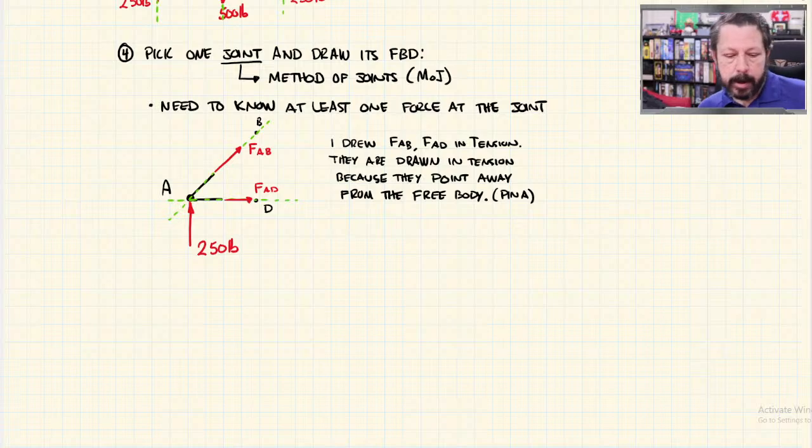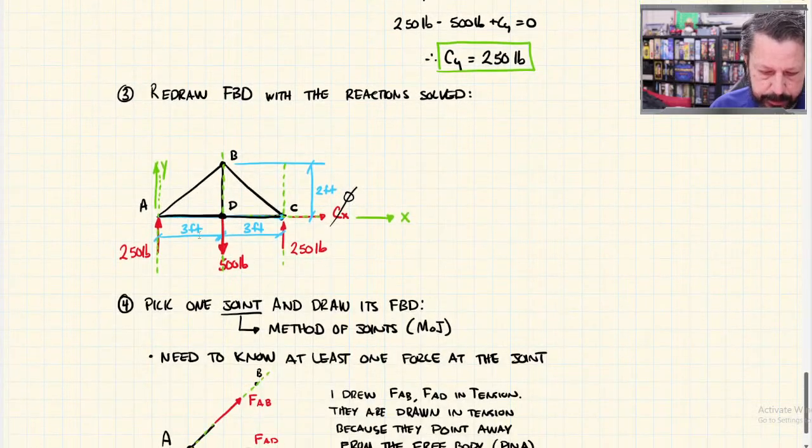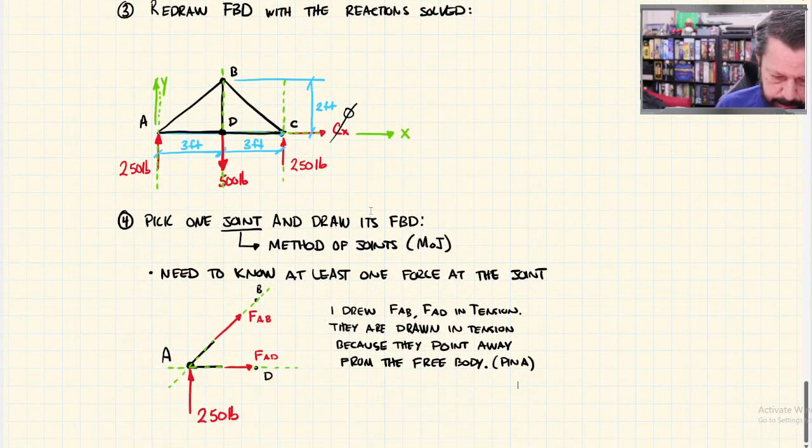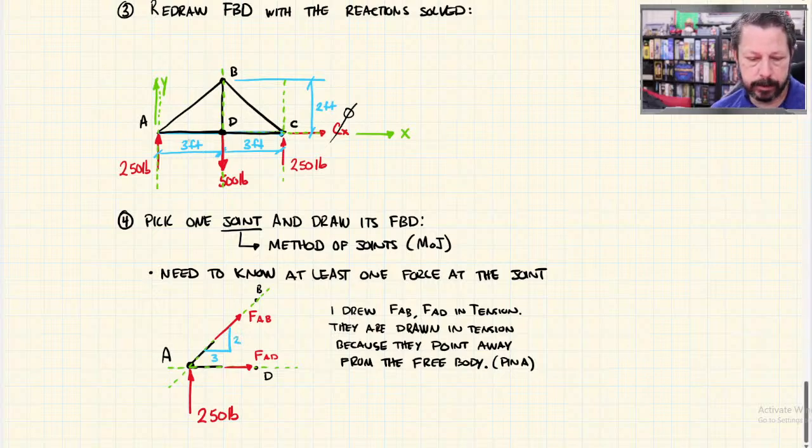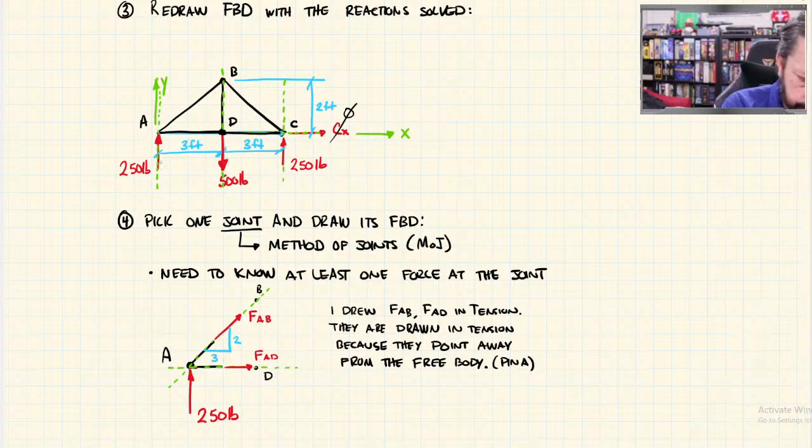Okay. I actually know a couple of other things about this because I had some dimensions. Here they are. I knew that this angle was 3 to 2, just based on the diagrams here. Or I could calculate the angle. I could do inverse tangent of 2 over 3 and figure out the angle BAD. I'm just going to write, for now, this little notation where it has a rise of 2 and a run of 3.